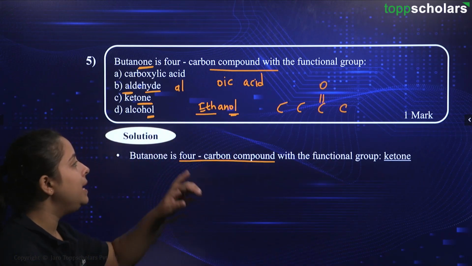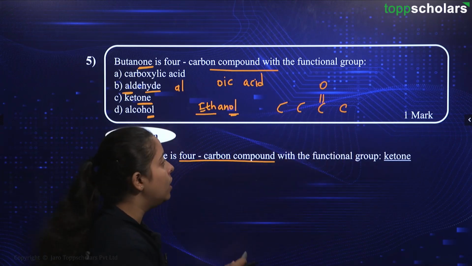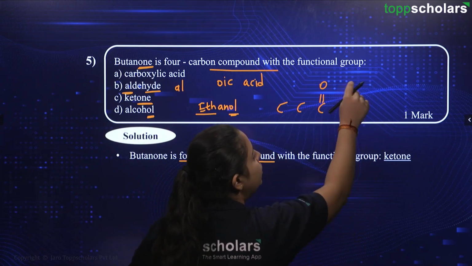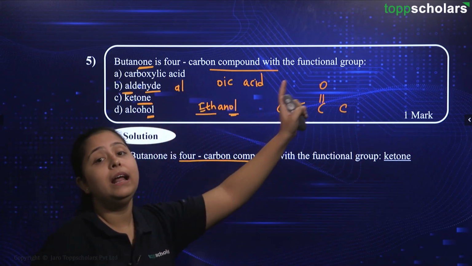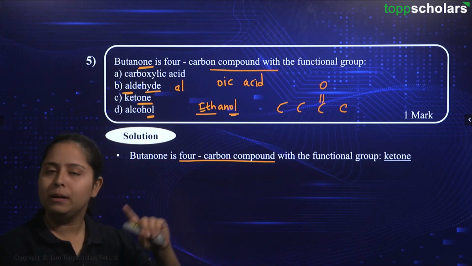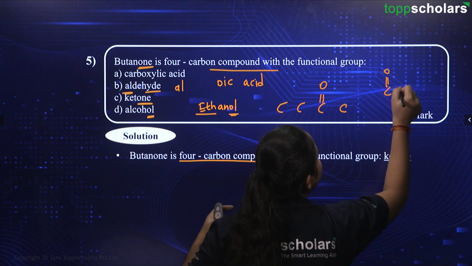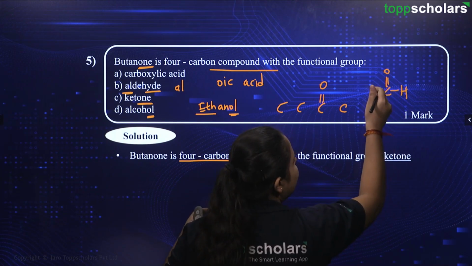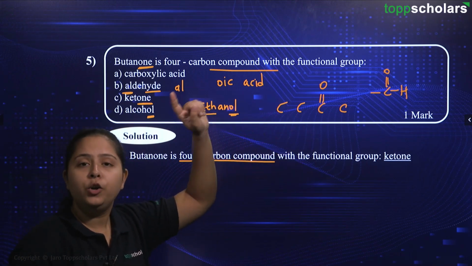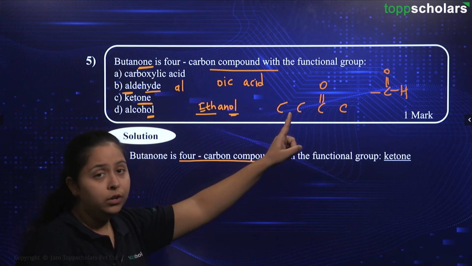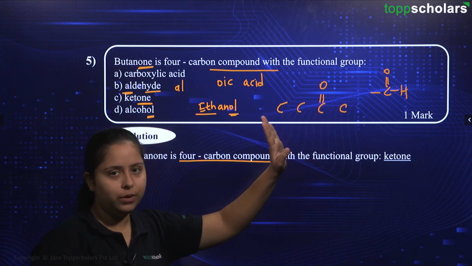And please remember, this ketone group will not come towards the end, because if you put it over here, then you need to add 1 hydrogen to complete the valency of the carbon, and then it will become an aldehyde instead of a ketone, because in aldehyde we have the group C double bond O H, which binds to the rest of the molecule. So that one is an aldehyde. To distinguish it from a ketone, we have the C double bond O in between the molecule.